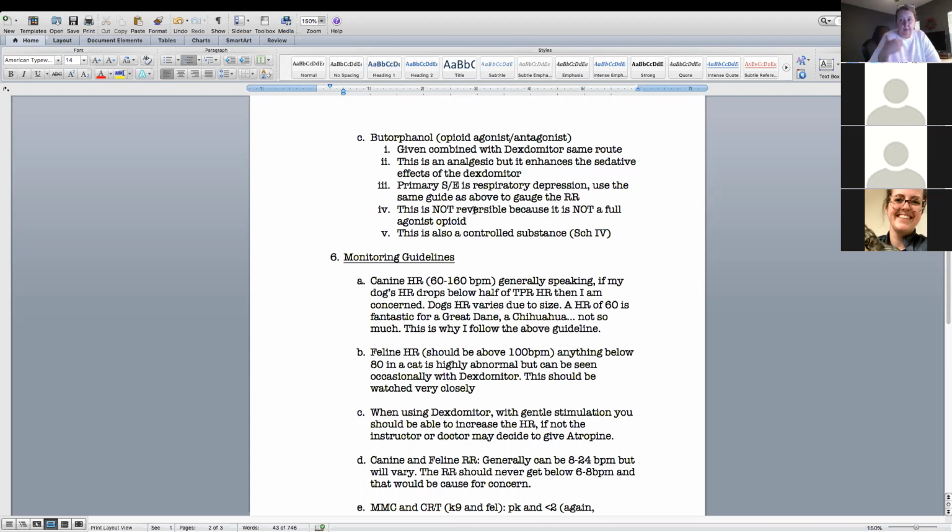Now, opioids, some people may be aware, certain opioids are reversible with Narcan, but that's the pure agonists like morphine, fentanyl, hydromorphone. Those are reversible, but butorphanol is only partially reversible, and the effects of reversal are kind of mixed reviews.